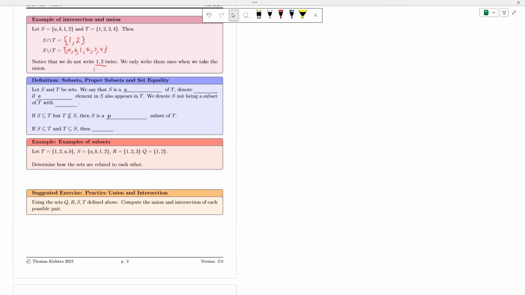Now, we talked about the intersection of these sets. We can also talk about a collection within the set. And if we take a collection within the set, we call this a subset.